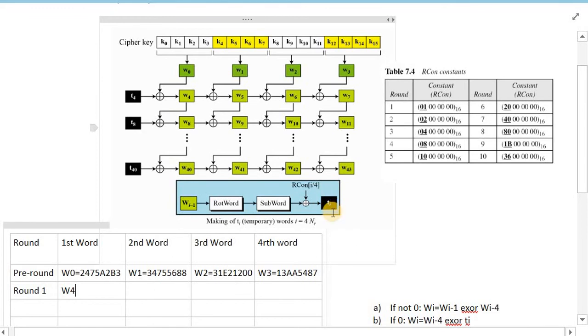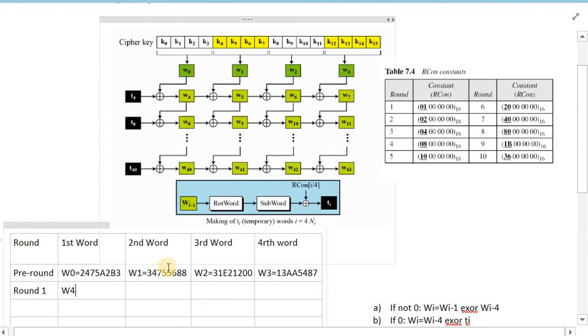For generating the temporary word, I have to perform the XOR with Rcon i from the constant matrix. We have to select Wi minus 1, then perform the shifting of the bits, then the substitution, and according to these values we perform the XOR with the Rcon value, and my temporary word, that is Ti, will be created. This functionality applies for multiples of 4; otherwise you just perform the XOR of the upper value and the left-hand side value.